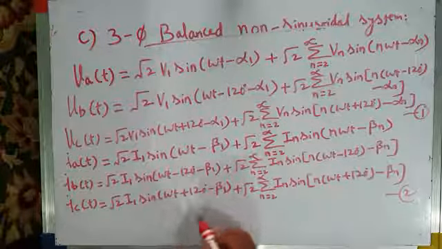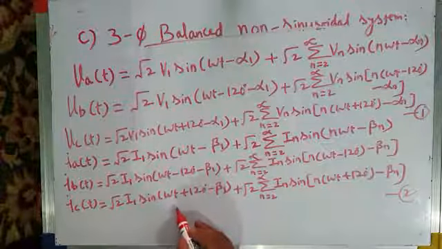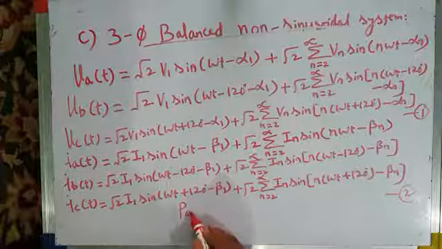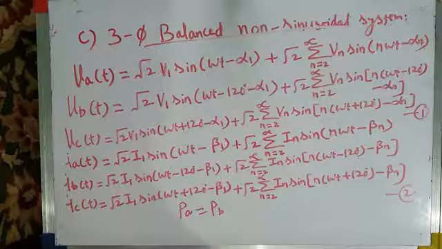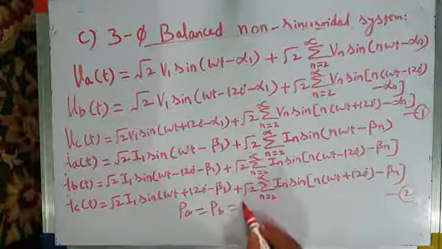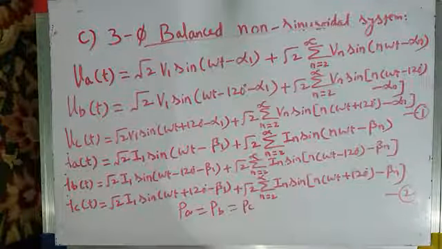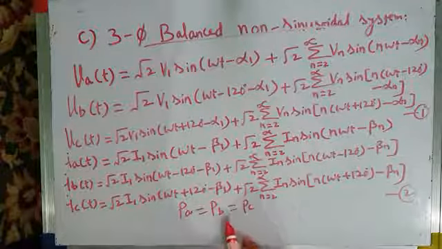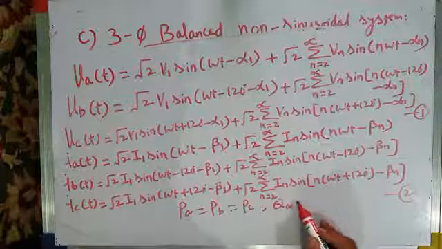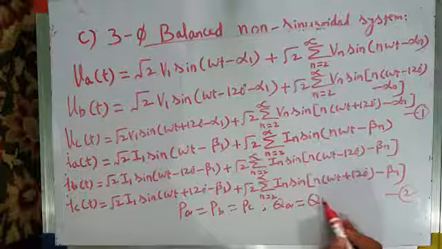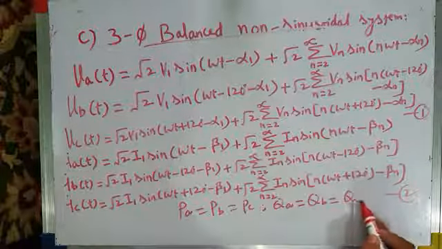Now we can write that since the system is balanced, the active power in phase A is same as active power in phase B, which is same as active power in phase C. PA is equal to PB is equal to PC. Similarly, the reactive power in phase A is equal to reactive power of phase B, which is equal to reactive power of phase C.